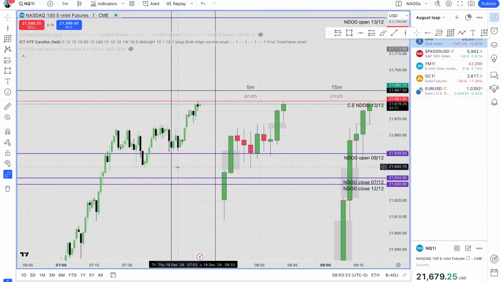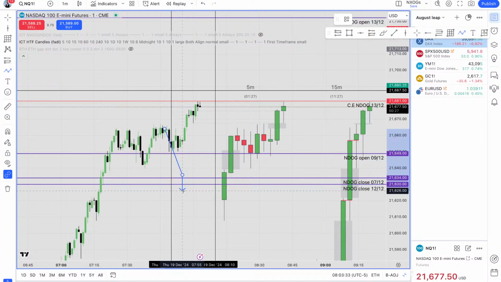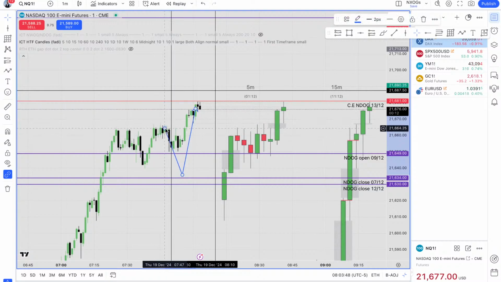I love breakers. So if this leg, for example, took this swing and then it rallied like this, it would be this candle.